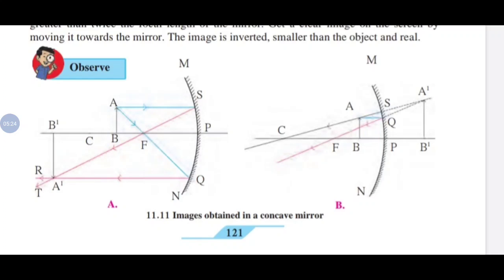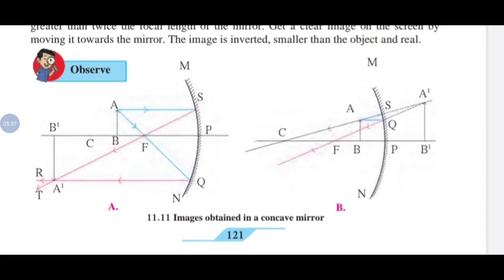AS is an incident ray parallel to the principal axis. What is that rule? When an incident ray is parallel to the principal axis, its reflection passes through the focus. So from the point S, reflection takes place through point F, SF up to the point R. Clear, all of you? This is the first reflected ray.